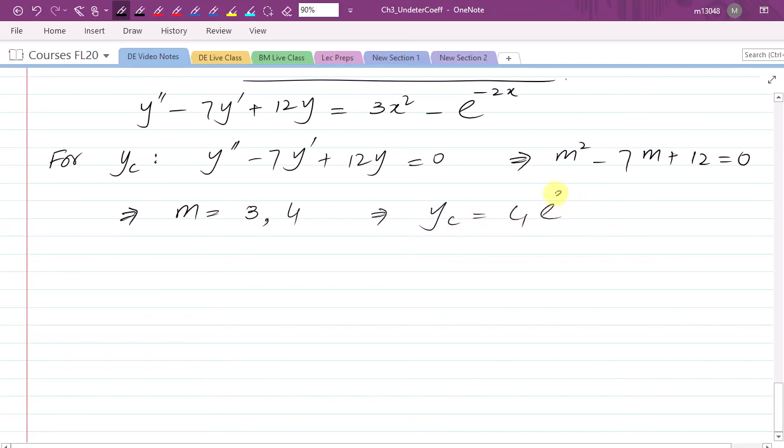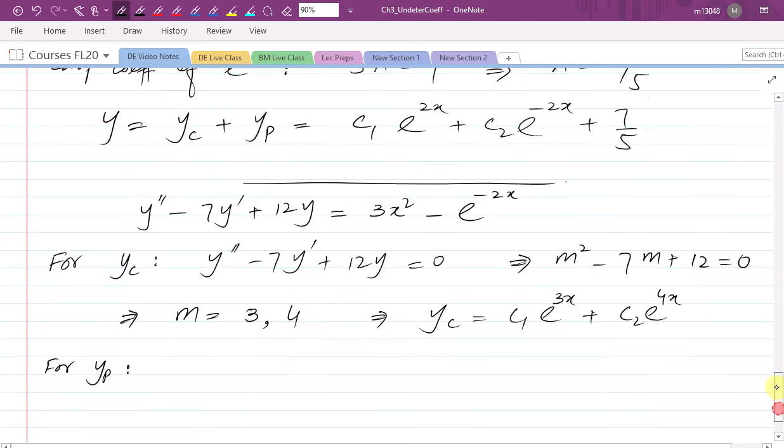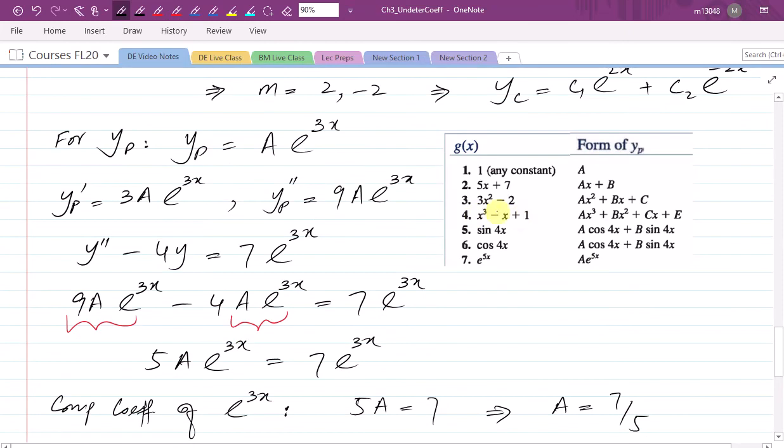yc is c1 e power 3x plus c2 e power 4x. And for yp, well, this time we have a slightly different story. We have two functions on the right side. One is 3x square, which has a separate group. 3x square is a polynomial.